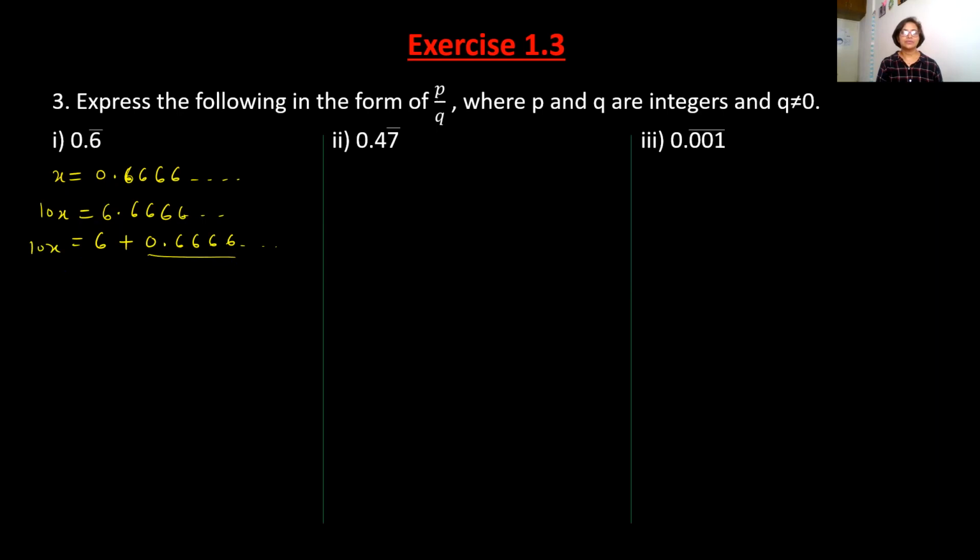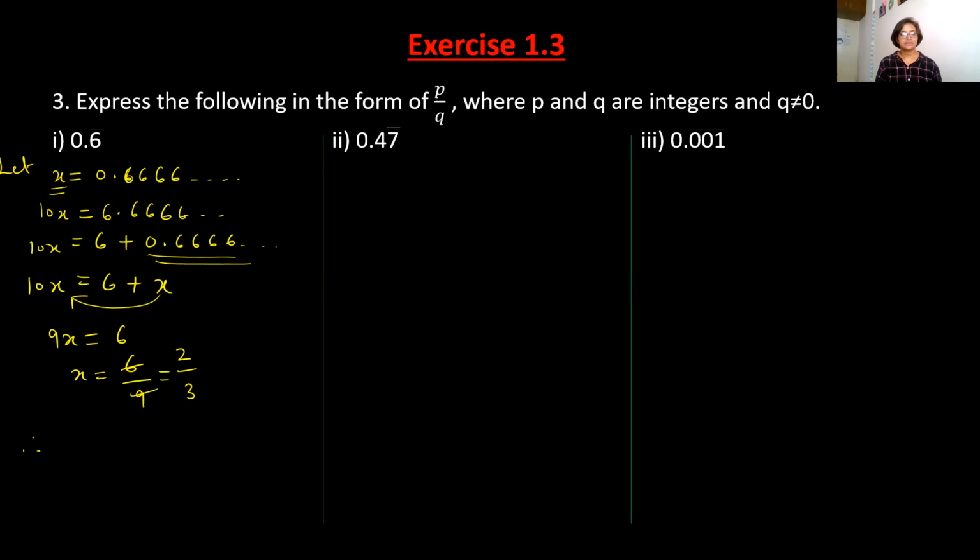Now this number we already wrote here, x equals to this. So here you can write 6 plus x, and here 10x already. When you take this x to the left hand side, it will become 9x equals to 6. Now x equals to 6 upon 9, and you can make it in reduced form. So you will get 2 by 3.